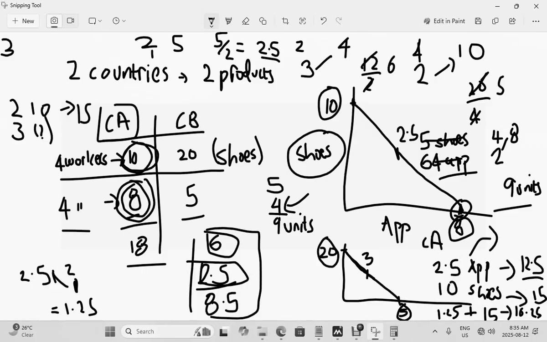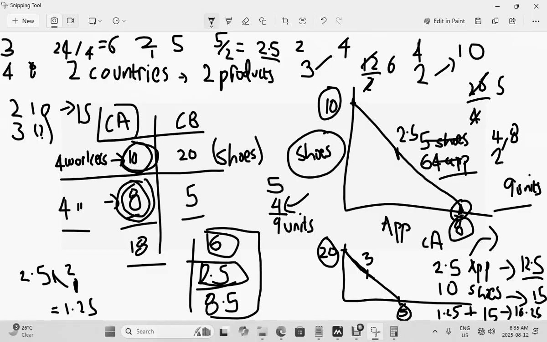If 4 workers can produce 8 appliances, how many will 3 produce? 3 times 8 is 24, divided by 4, which is 6. So they will produce 6 appliances.